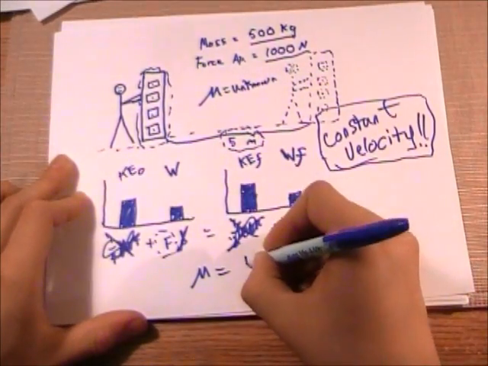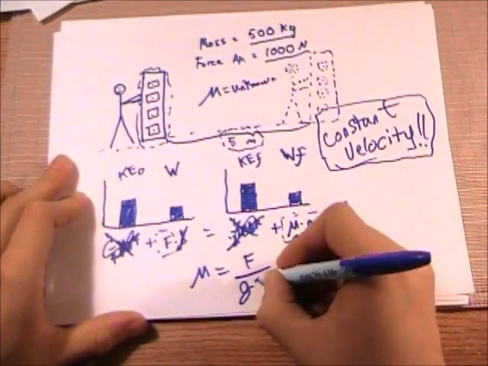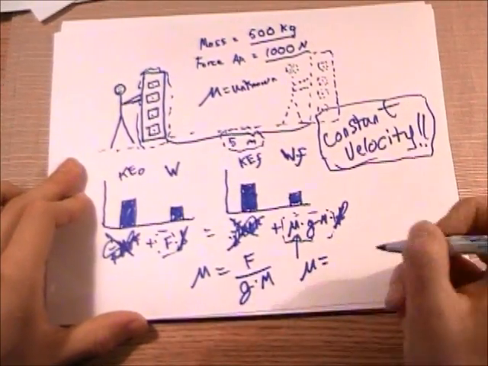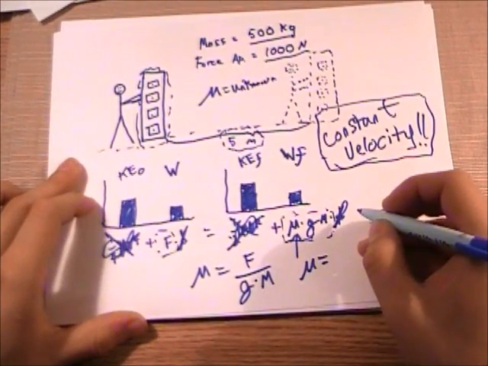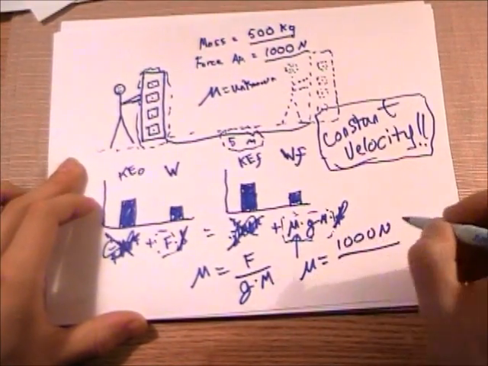So mu can be calculated pretty simply. Mu is equal to our force here, divided by our gravitational constant and our mass of our system. We've got a force of 1,000 newtons being applied.